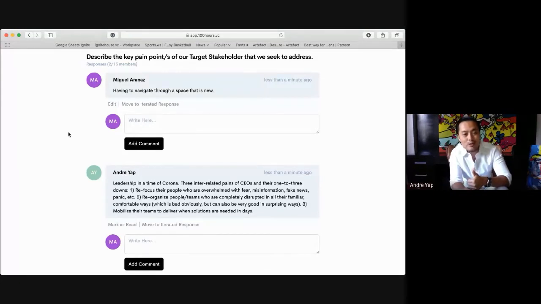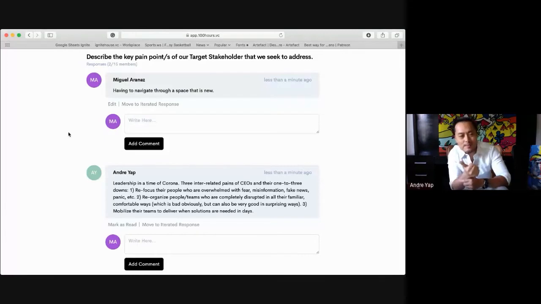That's bad, obviously, but it can also be very good in surprising ways, no? Now that nothing is familiar, that could be the opening for you to do things that you've always wanted to do before, but that people were too comfortable to try. So we wanted to focus in on those pain points and opportunities.